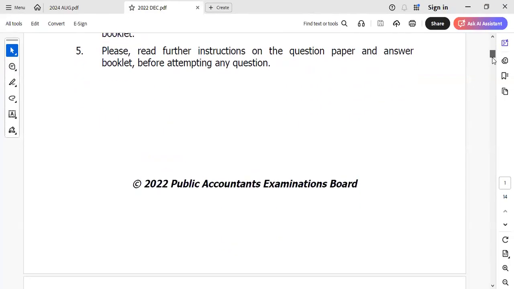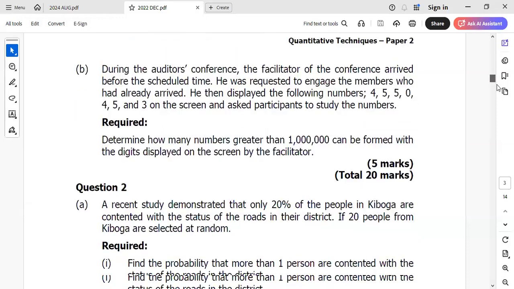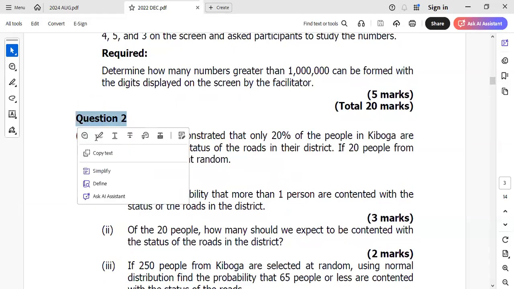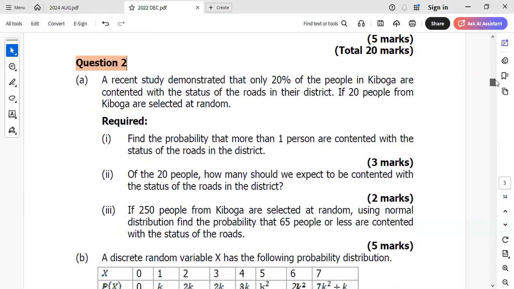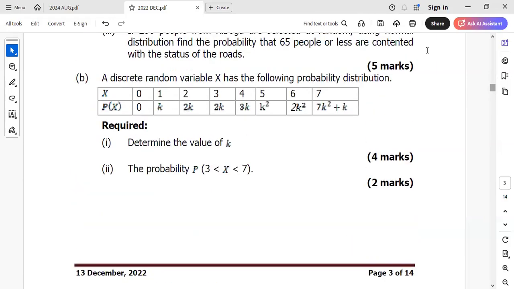Part A, we are going to discuss in the next discussion, that is about normal distribution, binomial distribution, plus Poisson. It was a good number, but I'm interested in part B. Are you seeing those free 6 marks?